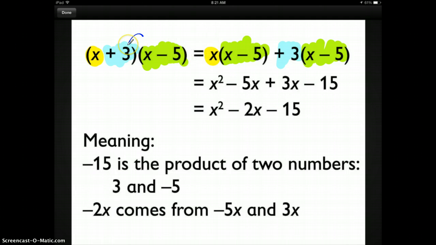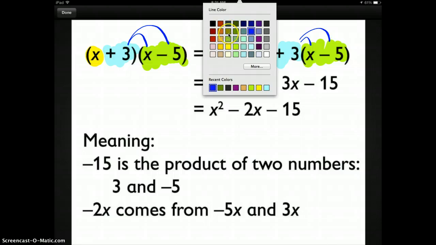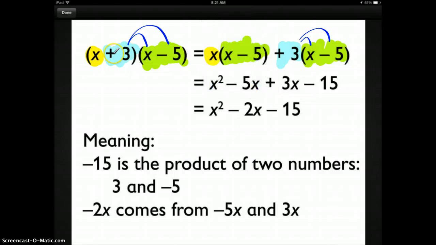When they distribute the 3 times x and 3 times negative 5, it's right here. That's this part. And when they multiply this x times x and this x times negative 5, that's right here. You don't have to copy this down, but I'm explaining what the notation means in case you've seen this and have no idea what's going on. They distribute, put all the terms down, and then combine like terms.